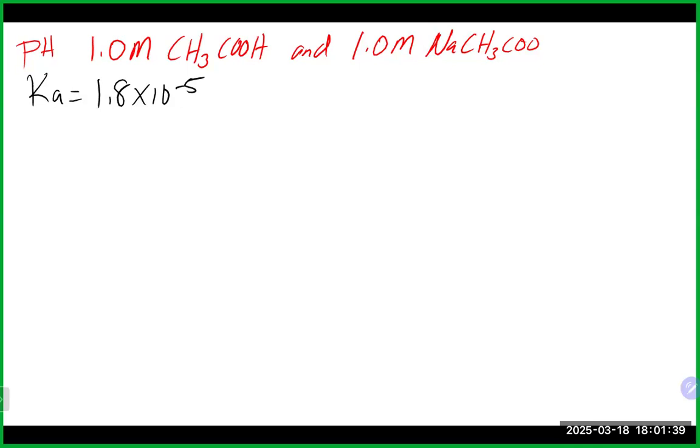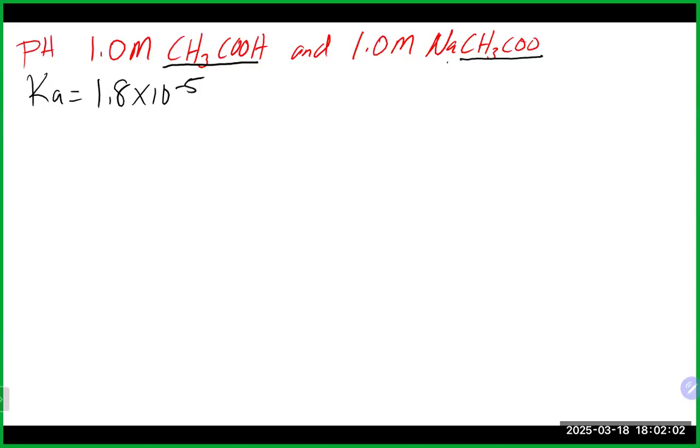Okay, so let's take a look. First off, the problem did not say that it was a buffer. You need to be able to recognize it, because not all problems will tell you it is a buffer with flashing lights. When you look at it, you should hopefully recognize that these two things are related to each other.